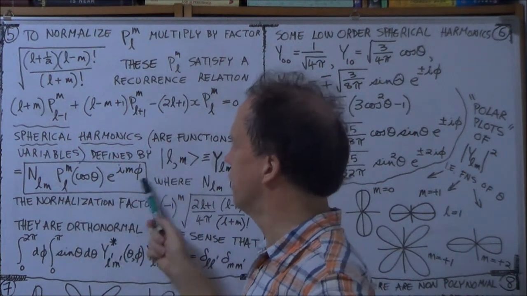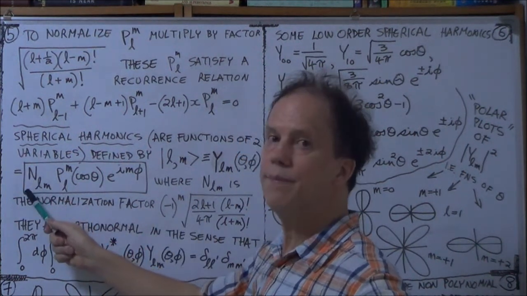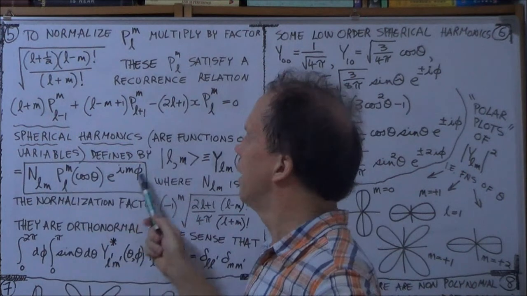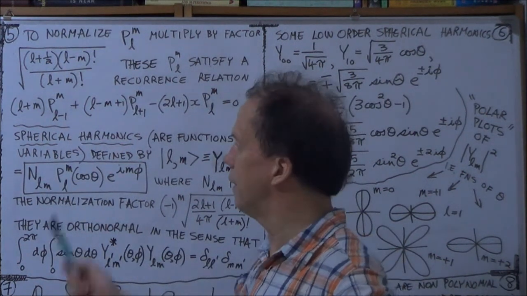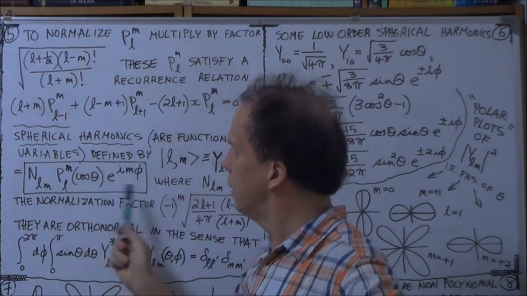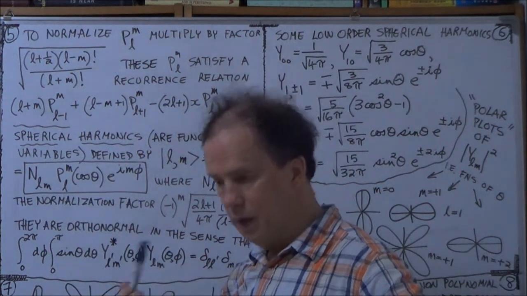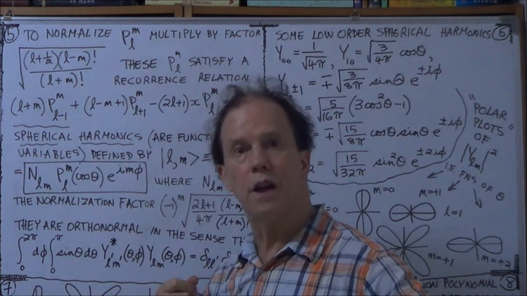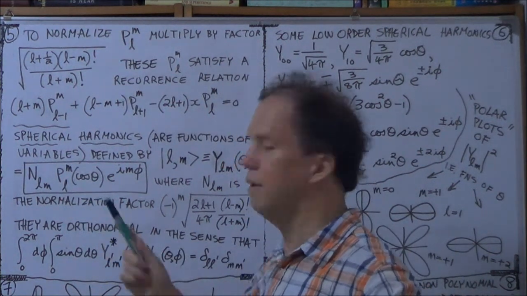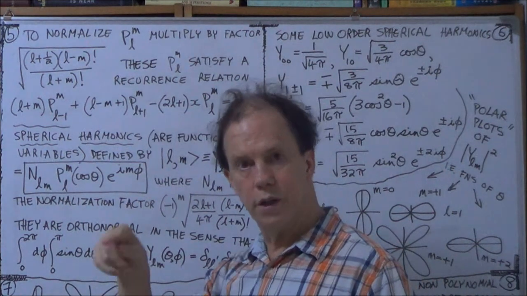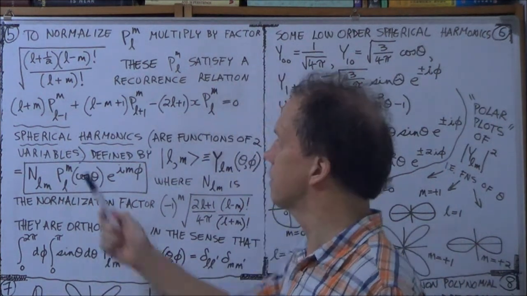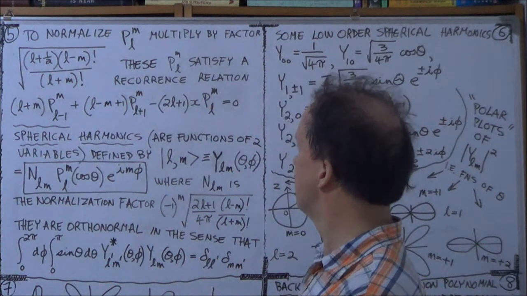That product, and you can normalize it, is what's called a spherical harmonic. And what is a spherical harmonic in this context of angular momentum? It's the eigenfunction. The set of these are the eigenfunctions of L squared and L_z. So that's what a spherical harmonic is.